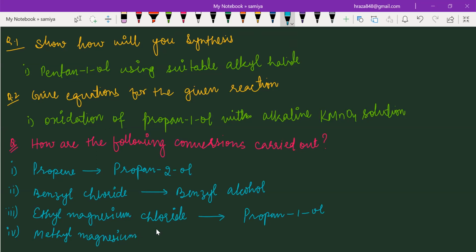Methyl magnesium bromide to 2-methyl propan-2-ol. Please let me know when you are done with this.